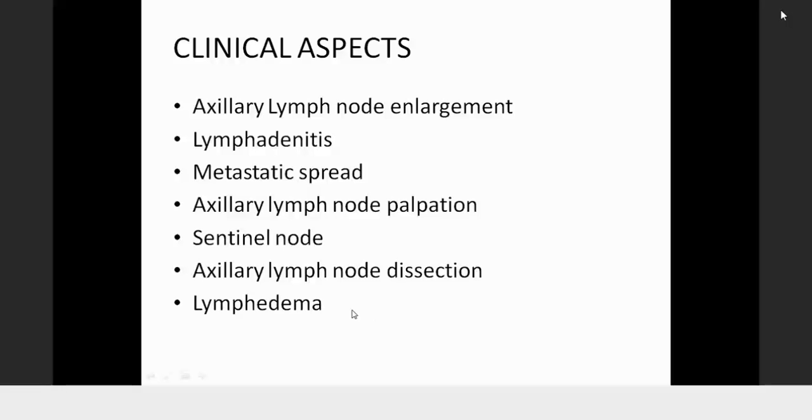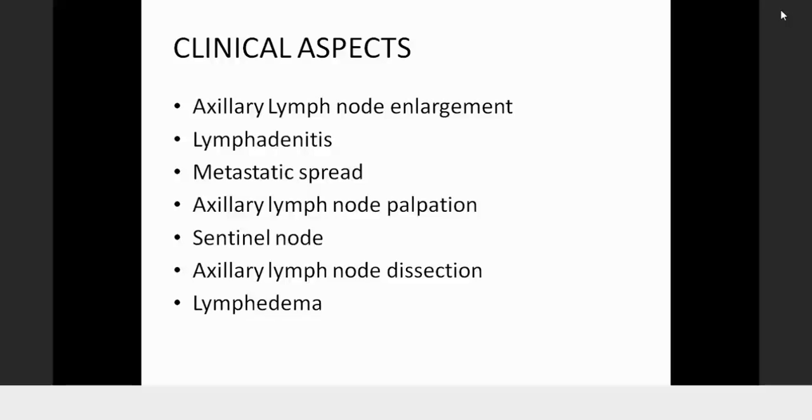So if the first node which comes across gets involved, then there is much suspicion, and the surgeon has to decide whether to dissect all the axillary nodes or not. And if the sentinel node or the first node draining is not involved, then he can think that the metastasis has not yet occurred. If the first node is not involved, we can say that the other nodes will also not be involved. Okay, is it clear? Yes, ma'am.